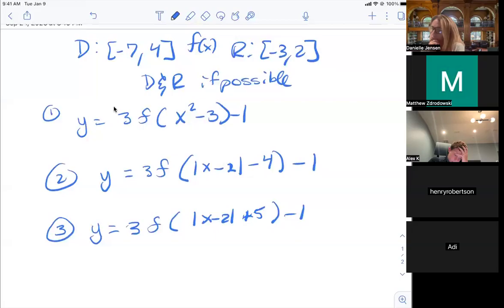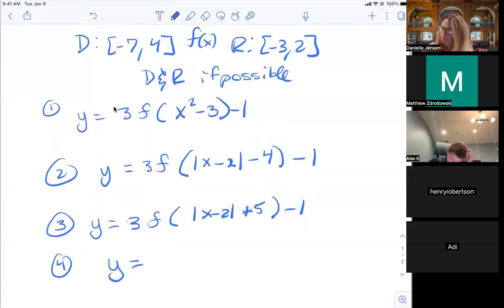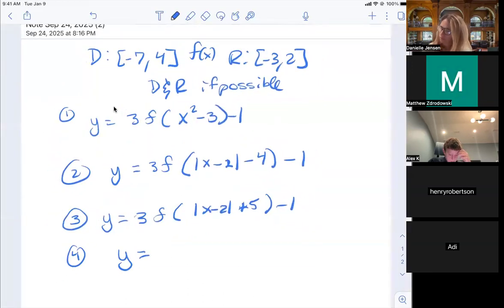And let me give you one more. Let's do 3f of x squared.